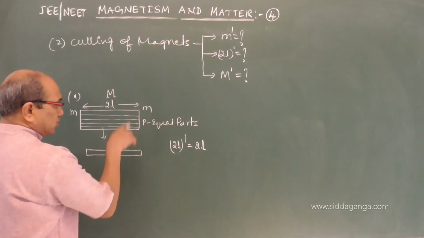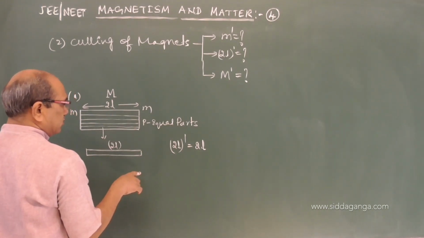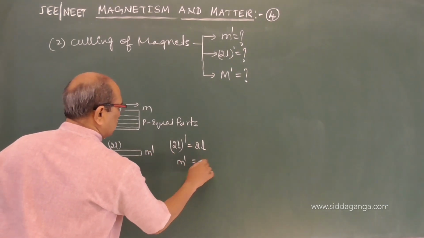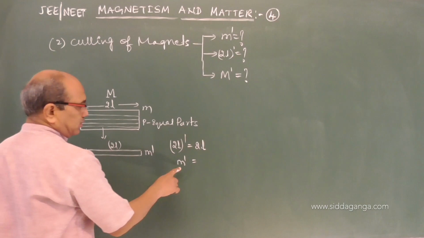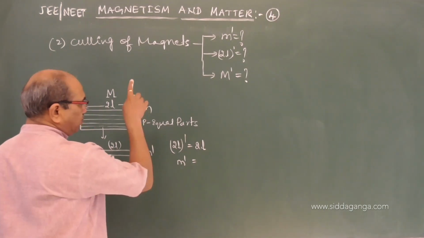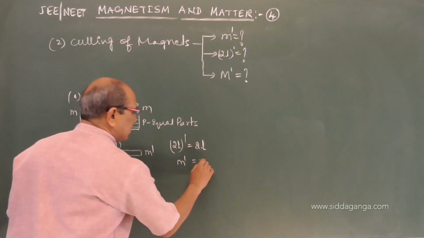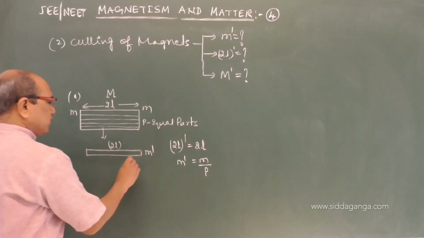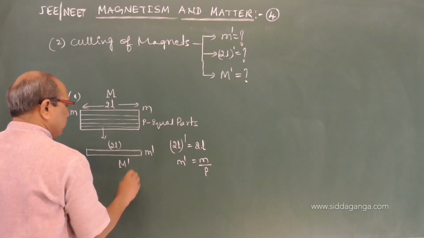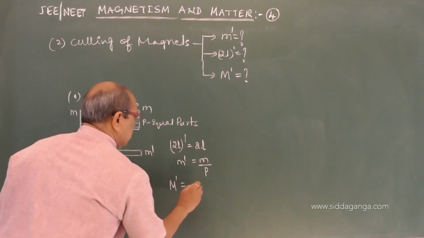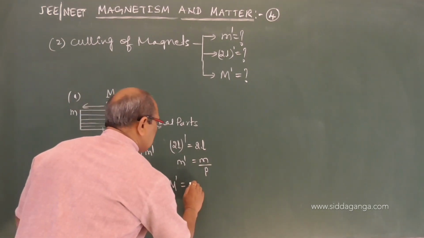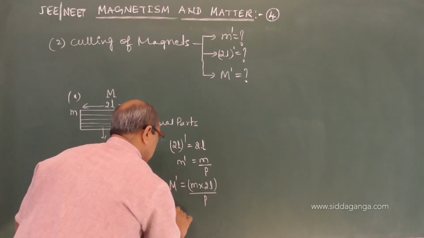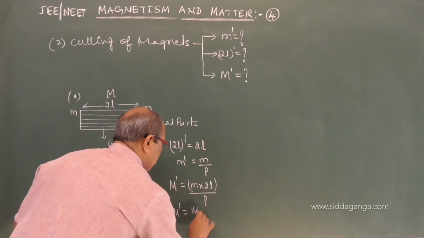But the area of cross section decreased P times. So therefore M dash changes. You know pole strength is proportional to area of cross section. As the area of cross section decreased P times, the pole strength also decreased P times. And the new moment, if you want, is pole strength into length, that is M into 2L upon P, which gives M dash is equal to M by P.